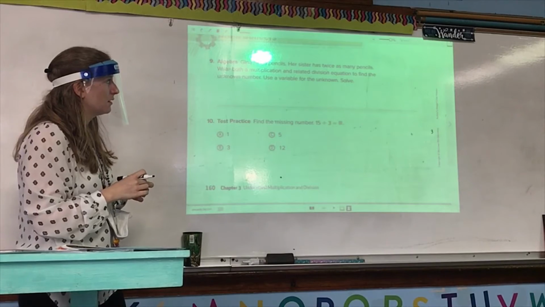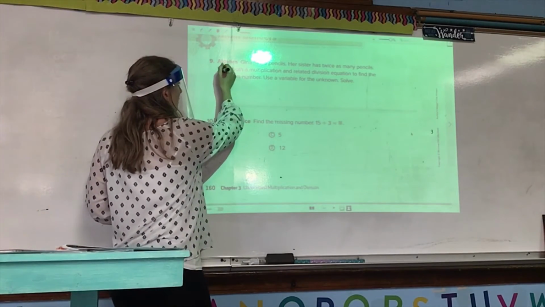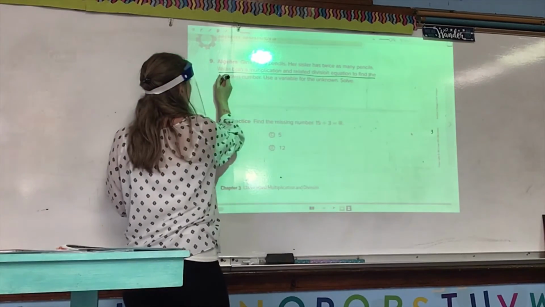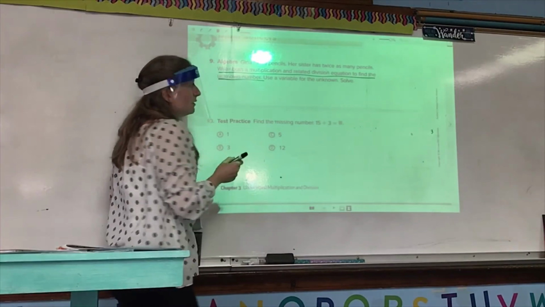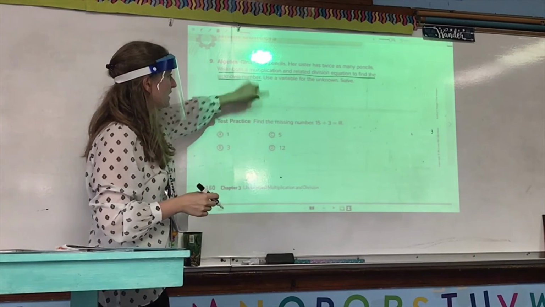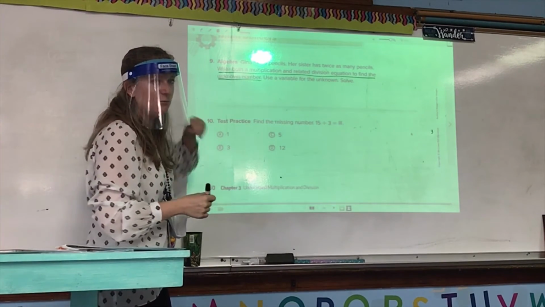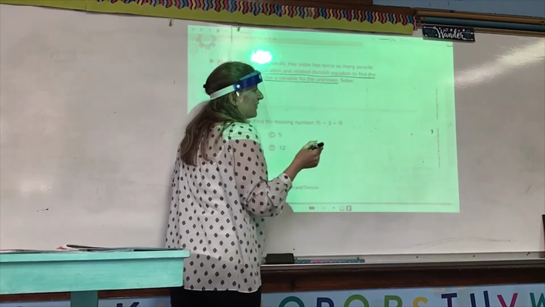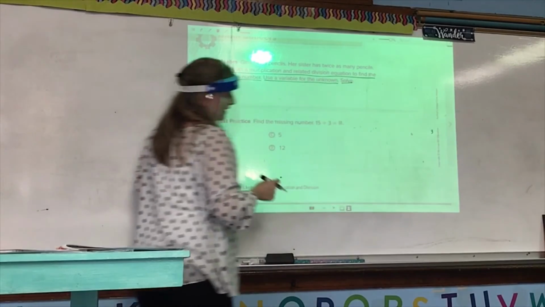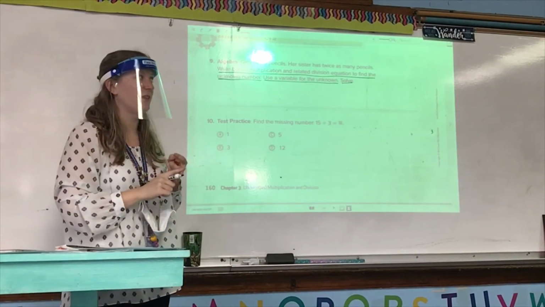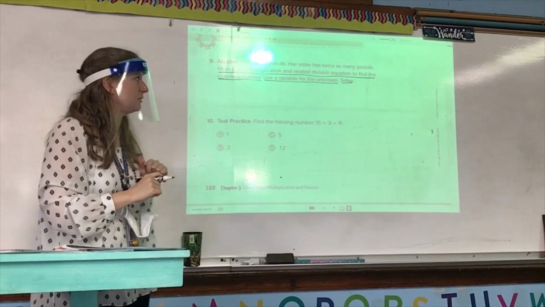Write both a multiplication and related division equation to find the unknown number. But that's not all we have to do, because we also have to use a variable for the unknown, and we have to solve, which means we need an answer. They're just telling us you need the equation, you need to use a variable for the unknown, then you have to figure out what is the unknown.